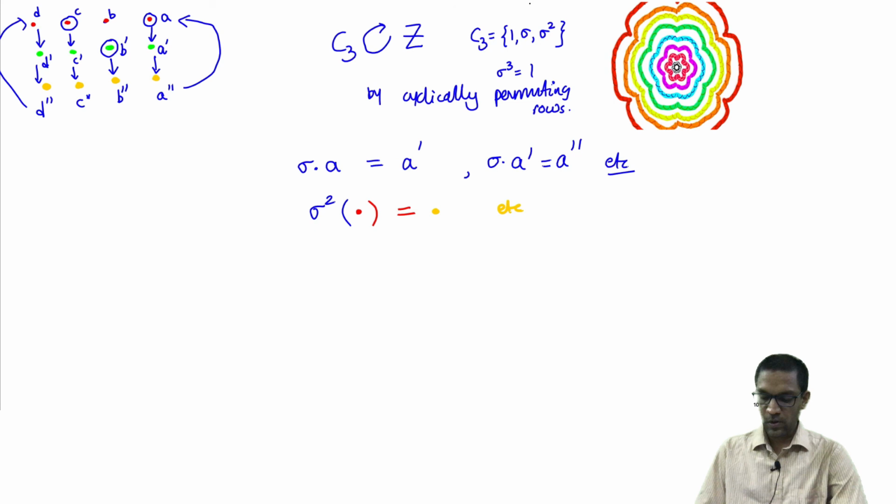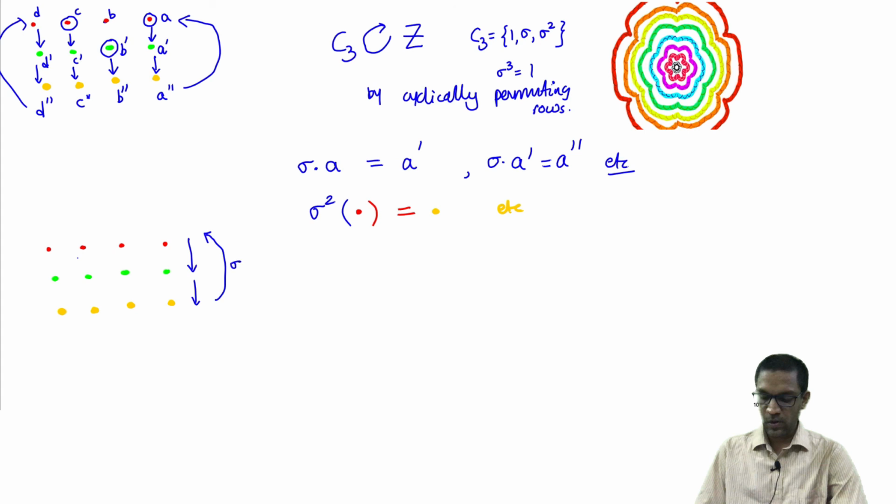If I have a grid of dots like this, then I can make the cyclic group of cardinality 3 act on it. So here's my grid of dots. Sigma moves each row one row below, to the row that's below it.